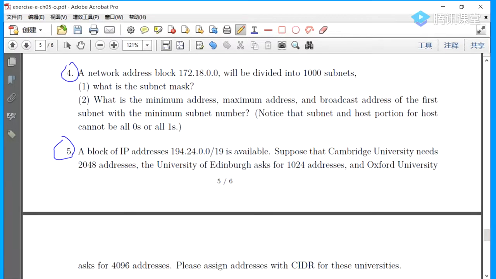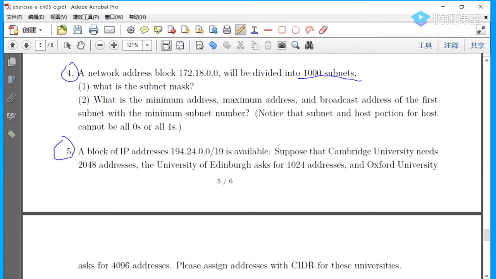Then a network address block 172.18.0.0 will be divided into 1000 subnets. Then we should determine some values. What is the subnet mask?